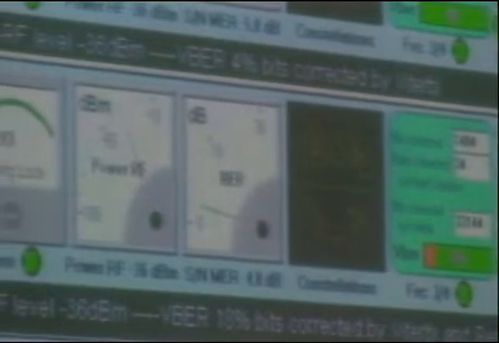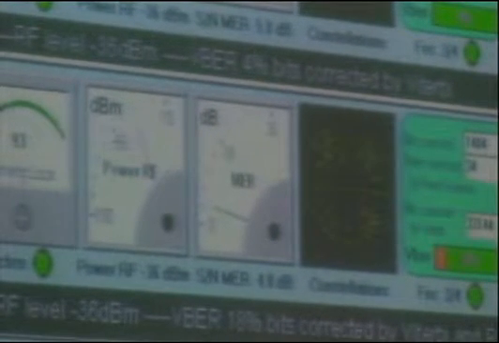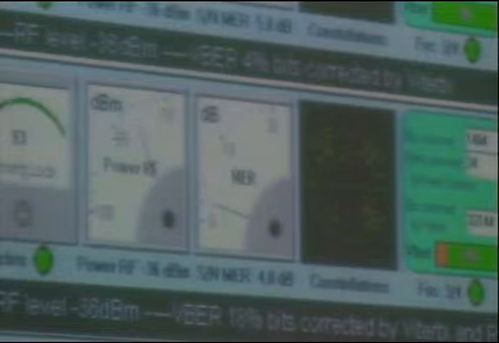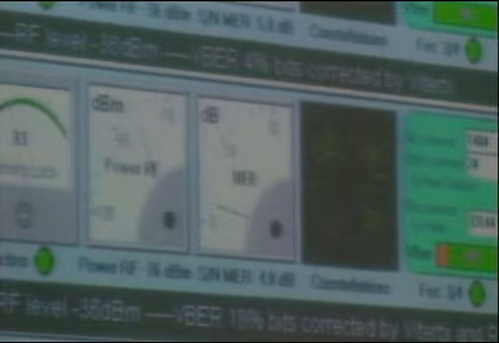I have the possibility in my DVB transmitter to add jitter in phase modulation and so on, and to give problems. So, this is the MER.